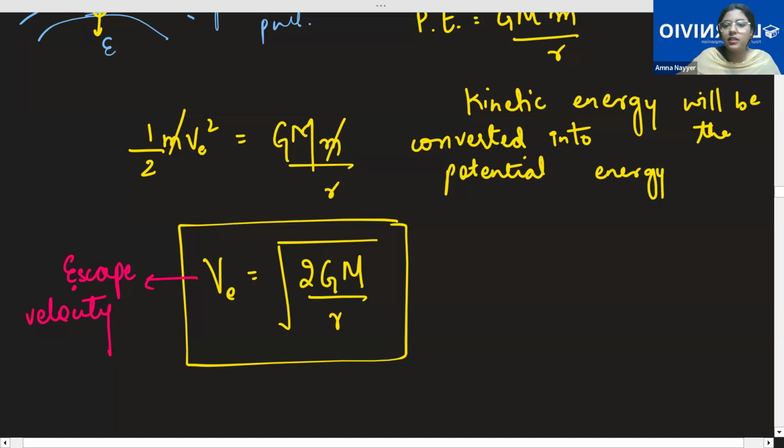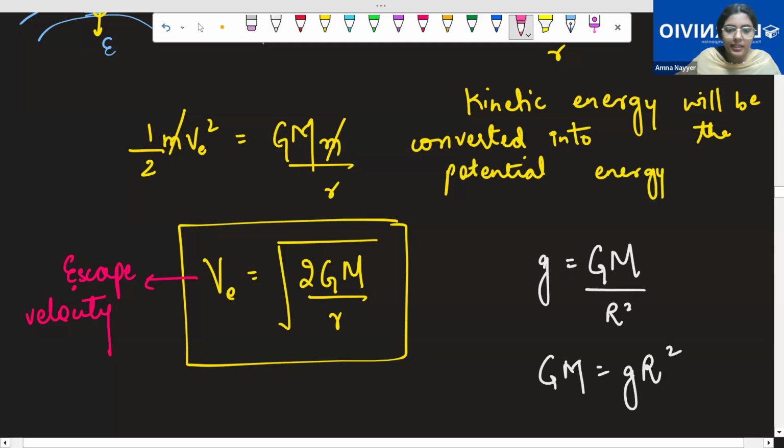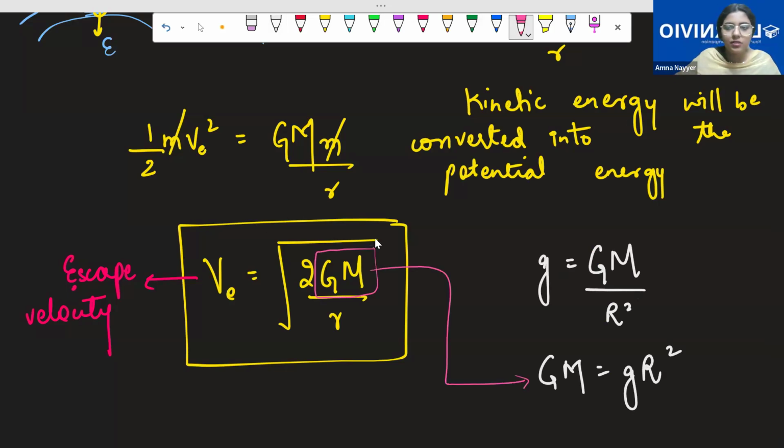Very good, Hafsa. Small g is equal to GM by R square; others also should remember this. GM is coming here, so I can write GM as small g into R square. Since I am getting this term here, it's better that this can be replaced through this.